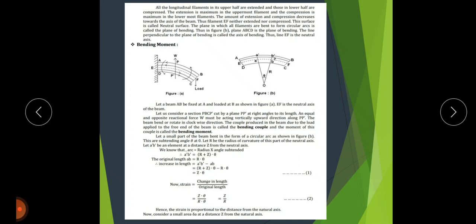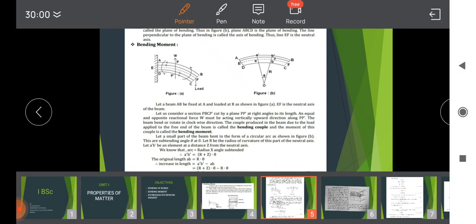Then next, increase in length. Here the increase in length is due to applying a force, the extra load, to the free end. So we get the increase in length as A dash B dash minus AB. Here A dash B dash is the extended beam, that is (R plus z) into theta, minus AB.